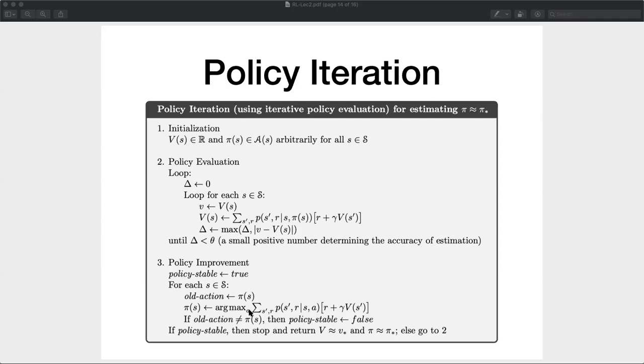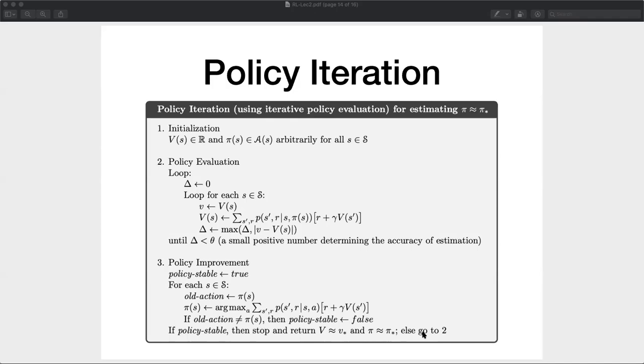If it's telling you that the new action is equal to the old action, it means that your policy has converged. And so your policy is stable. So you loop over every state and it's going to tell you if the policy at each one of these states is stable or not. And so if it's stable, then stop. For all the states, the policy isn't changing anymore, you can stop.